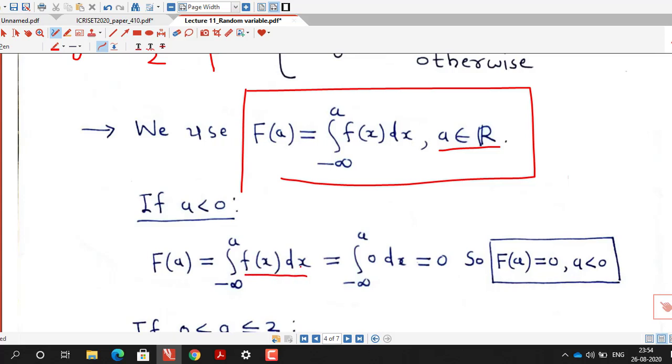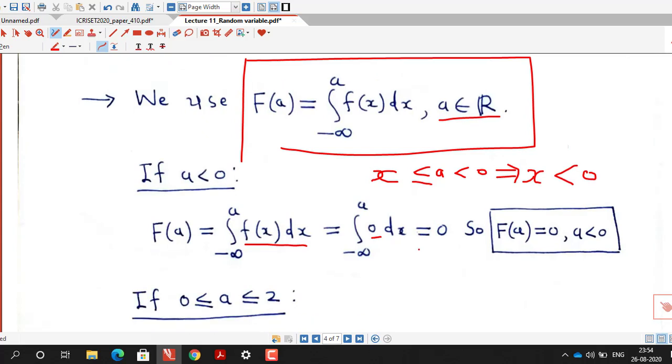Now here x is running from minus infinity to a, that means x is less than or equal to a, and a is negative, so this implies x is also negative, and if x is negative, the value of PDF is 0. So the integral is 0. So CDF at x equal to a is 0 for every negative a. If a is negative, F of a equal to 0.